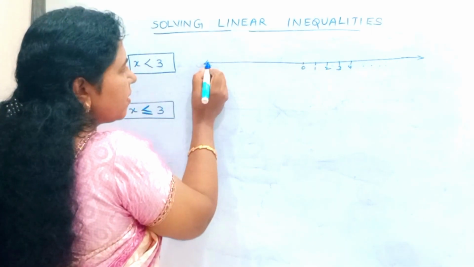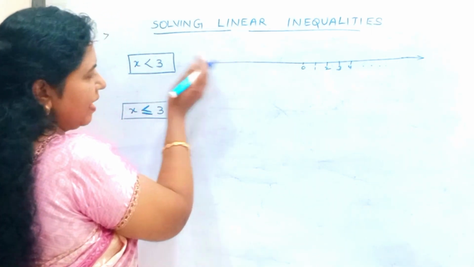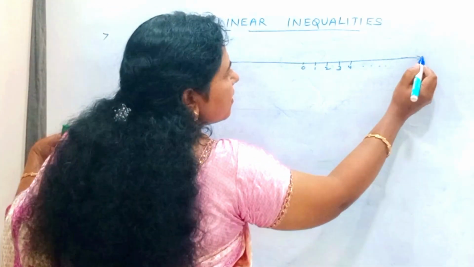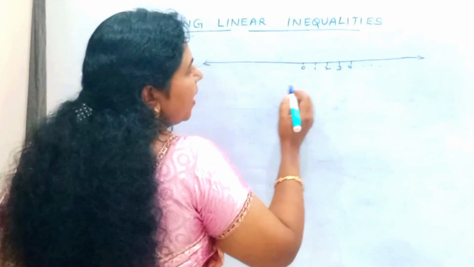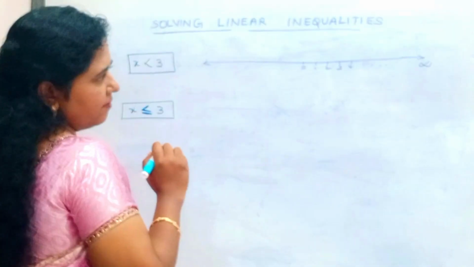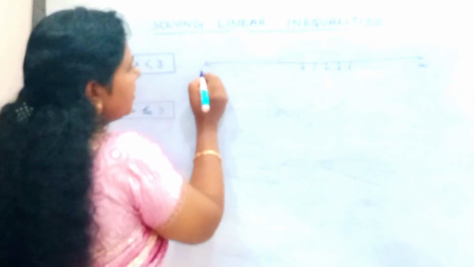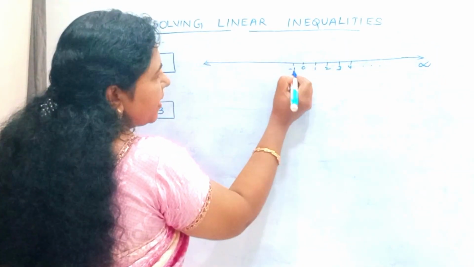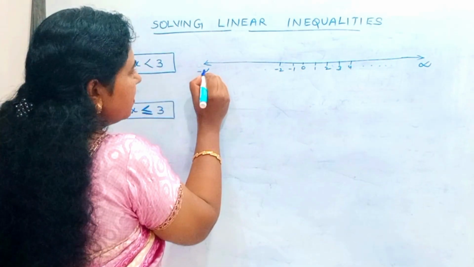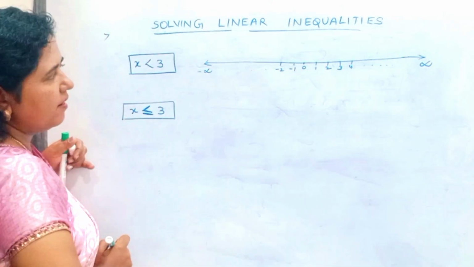And this arrow mark denotes that it is a line. The values will be going on, no end. And also on the right hand side, the values will be going on, no end. And so we can represent the maximum value as some infinity. Here we will be having -1, -2, so etc. will be having maximum value of minus infinity.